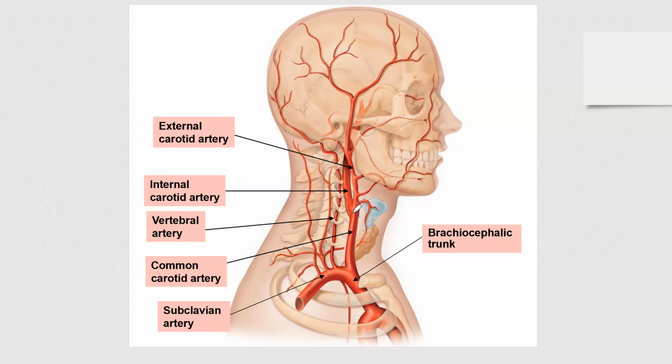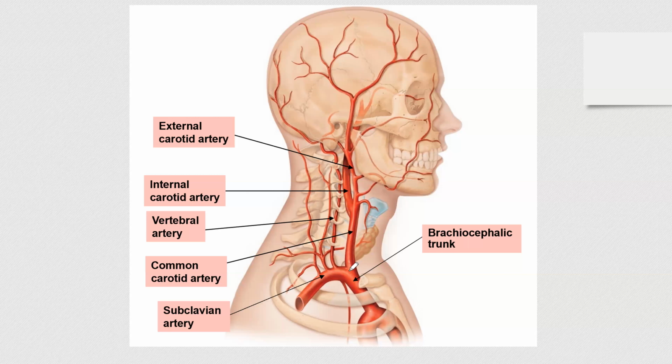And now it's split into external carotid and internal carotid. Now, internal carotid carries blood to the brain, so it enters the cranial cavity, and external carotid brings blood to your face, to your head, muscles and skin of your face and head.